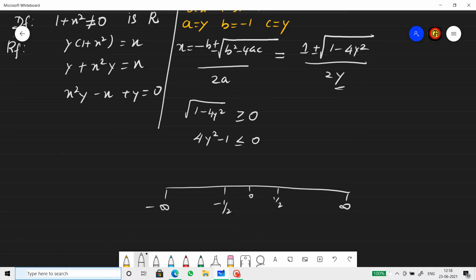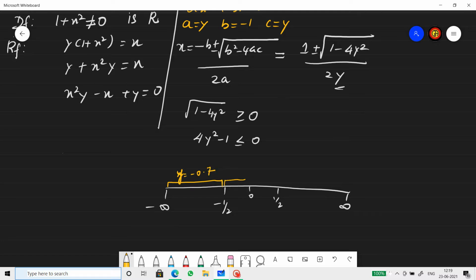Alright. Now let's see what happens here. Take arbitrary values for y in each interval. So what is it? Minus infinity to minus 0.5. So let's go for y equal to minus 0.7 and see what happens.